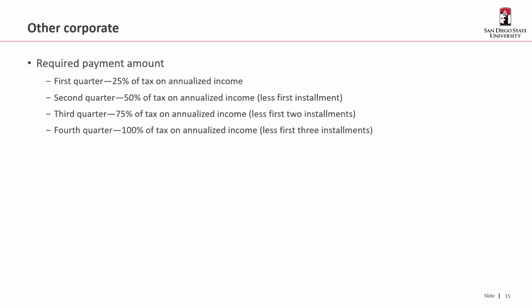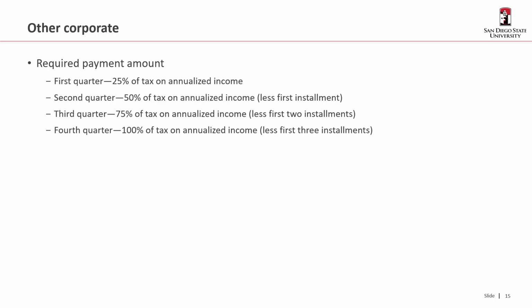Okay, so again, the required payment amount. In the first quarter, it's based on 25% of the tax on your annualized income. Second quarter, 50% of the tax on your annualized income. Third quarter, 75%, fourth quarter, 100%. So what that means is you take your first quarter's activity, you extrapolate that out to what it would be if it were over the year, you calculate your tax for the year, and then multiply it by 25%.